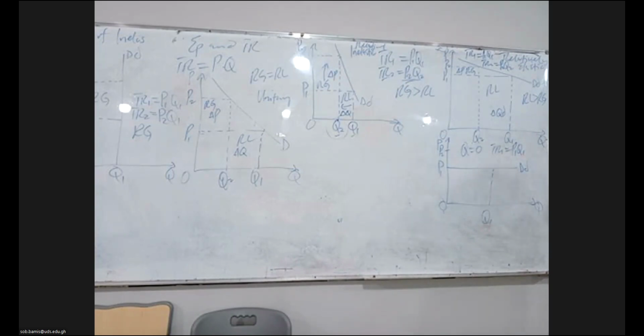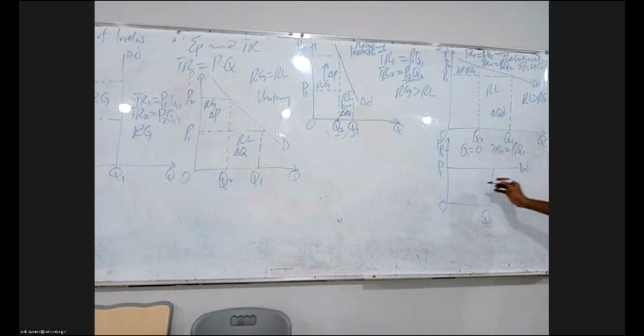It means that this particular product has perfectly what? Elastic demand. Meaning that a small increment in price will result in a total abandonment of the what? Abandonment of the product. Nobody will buy the product altogether. And so it means when there is a marginal increase in price from P1 to P2, you are going to have revenue loss and none of revenue that will be gained.